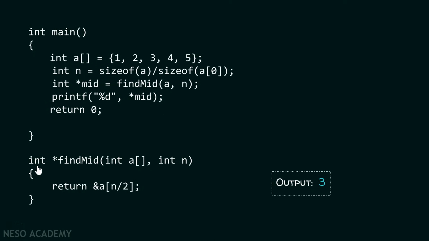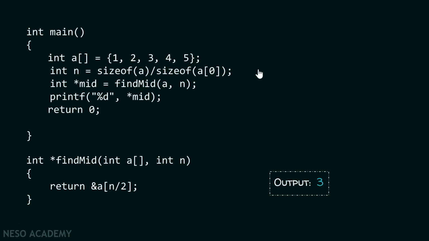That is why we have written int star as the data type of this function. Int star means that we are returning the address of some integer. And for receiving that address, we must have a pointer here. And we can see here, we have a pointer which will also contain the address of some integer. As we can see, the data type is int star, right?